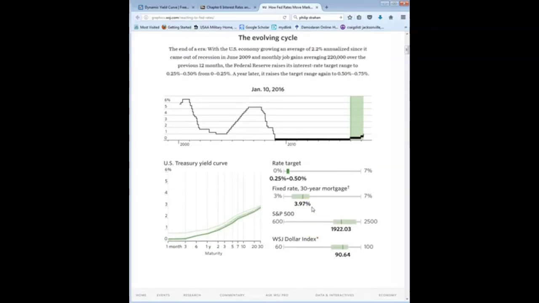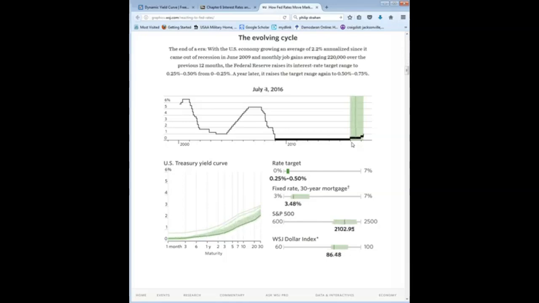Now, as we go forward about a month later, we're just a month into this rate increase. 30-year mortgages are still about the same, but we're beginning to see the yield curve has started to change quite a bit as investors react to this new higher interest rate environment that we're going into.